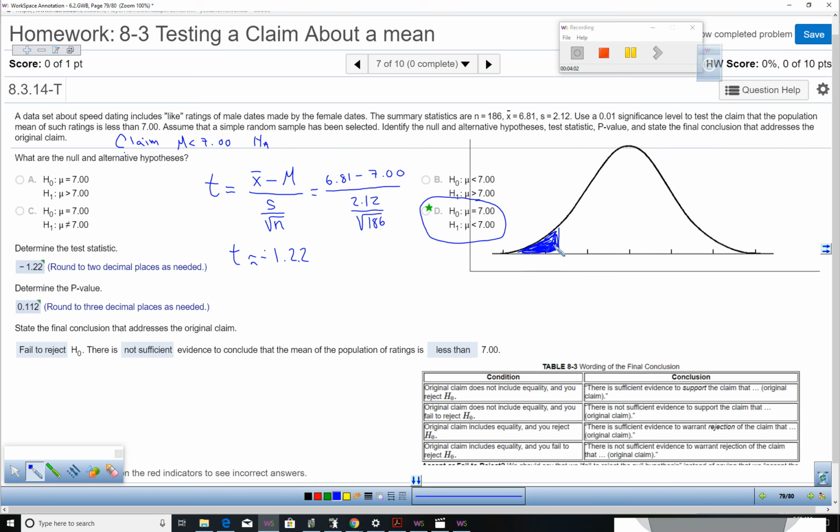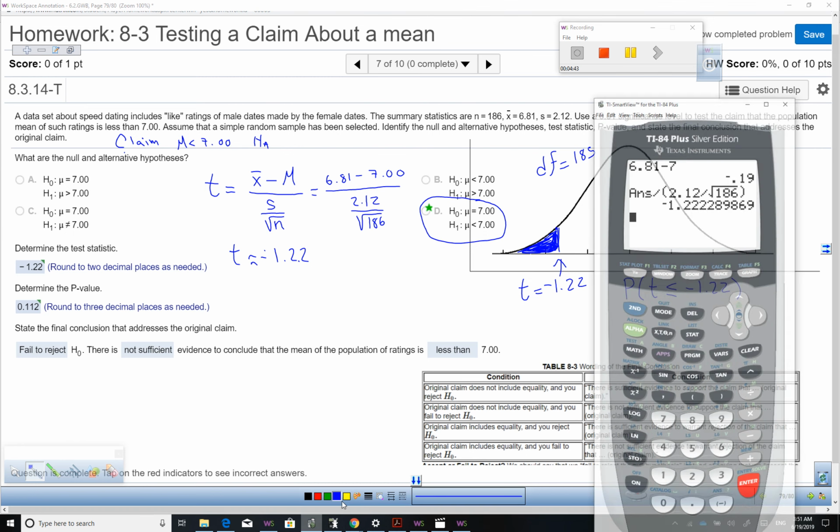The test statistic is right here, negative 1.22, and remember this is a t-distribution. The t-distribution needs the degrees of freedom. In this case, that will be 185, one less than the sample size, and we need to find this area. The p-value is the probability of obtaining a t-score less than or equal to negative 1.22. So we need that area right here.